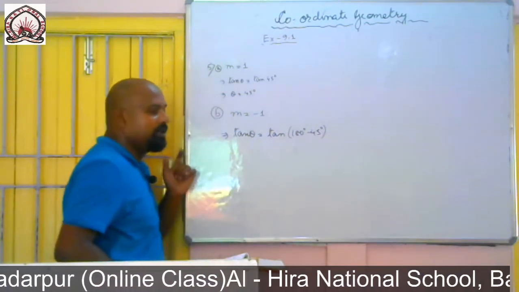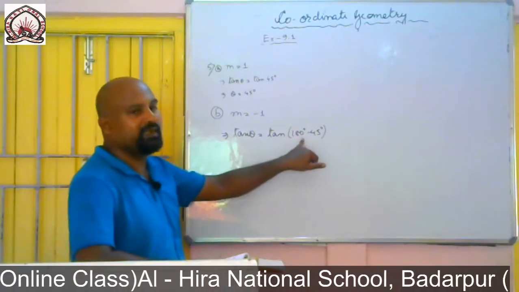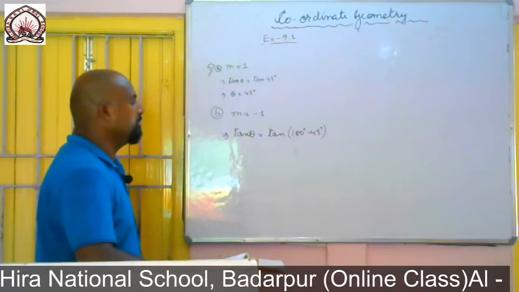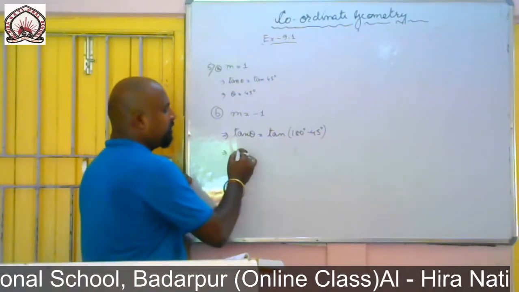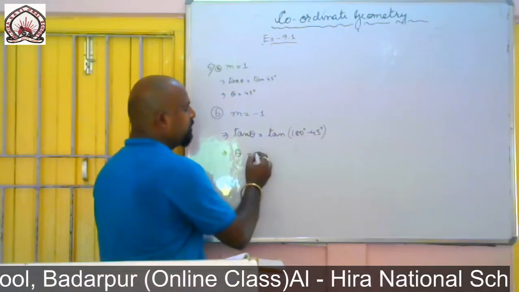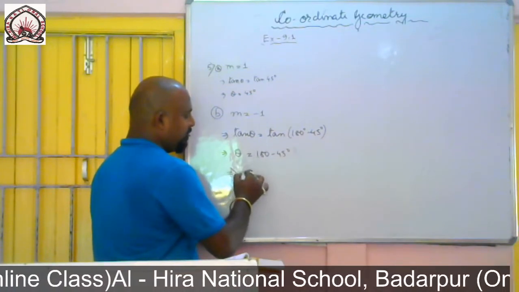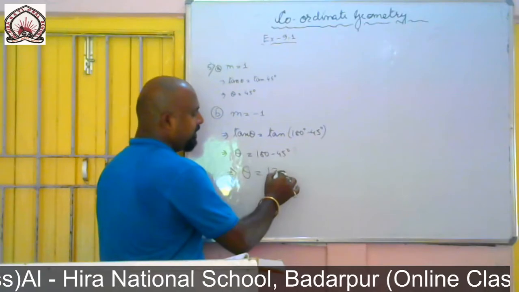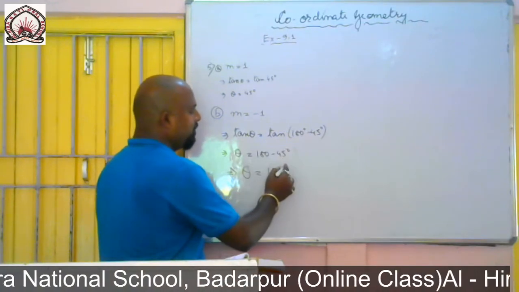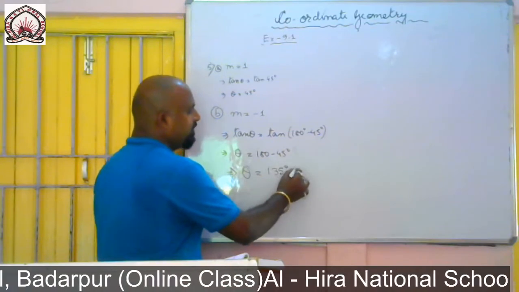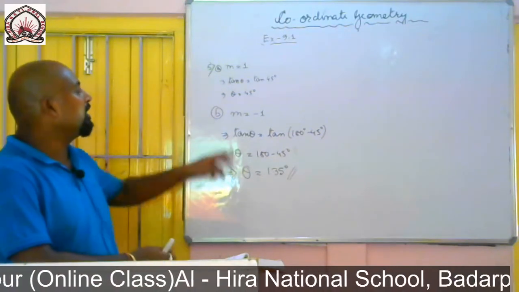See, it belongs to the second quadrant, so 180 minus 45 degree. Theta equals 180 minus 45, then theta equals 135 degree.